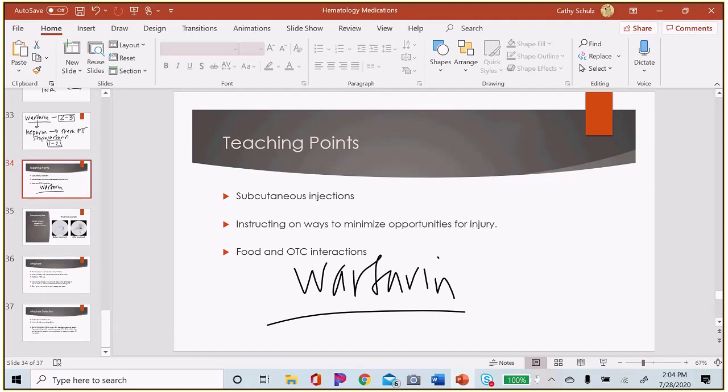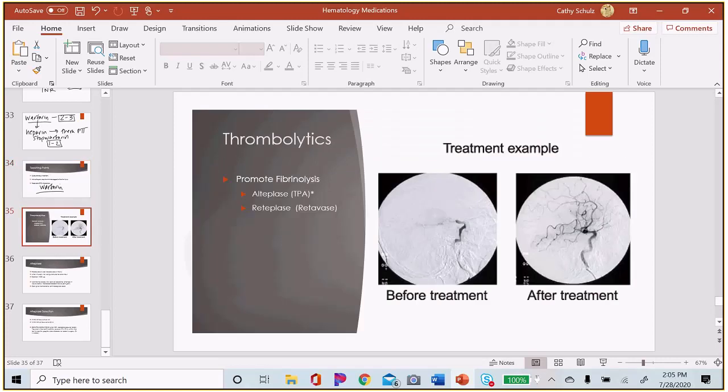So for now, we'll just talk about the thrombolytic therapy and then take a little break. So thrombolytics, they're actually busting up the clot itself. So this picture, I mean, it's amazing what it can do. I've given TPA or Alteplase to patients who've come in with strokes, and their stroke completely reverses.